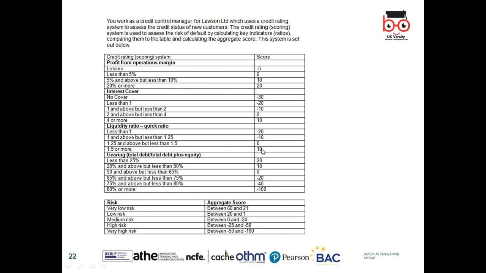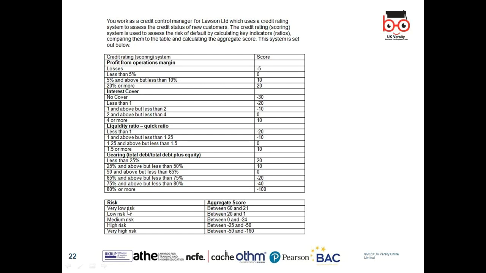Interest cover ratios, if it is 4 times or more, you give them 10 points. Liquidity ratios, meaning current ratios, if you calculate and it comes here, you can give them points. If it's 1.5 or more, you give them 10. Gearing ratios, if it's very high, then you give them negative. If it's less than 25, you give them positive points.